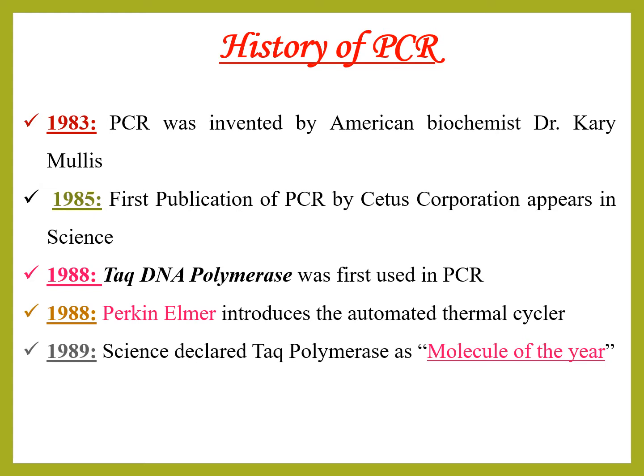Let us see the history of PCR and how it was started. During 1983, PCR was invented by American biochemist Dr. Kary Mullis. In 1985, the first publication of PCR was done by Cetus Corporation, which appeared in Science. In 1986, Taq DNA polymerase was first used in PCR. In 1988, Perkin-Elmer Company introduced the automated thermal cycler to perform PCR. In 1989, Science declared Taq polymerase the molecule of the year.